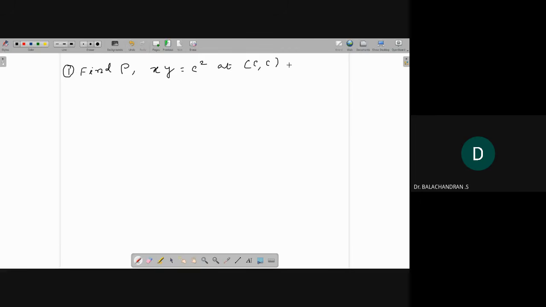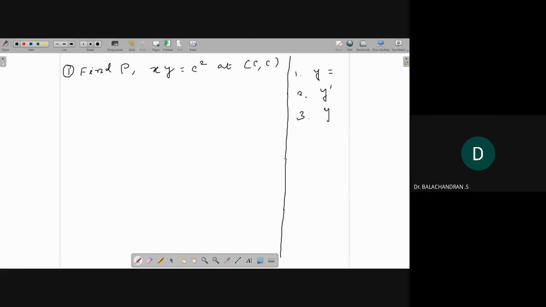Before going to the problem, I will tell you the steps, so you can easily remember. First, express y in terms of x and a constant. Second step, find y dash.